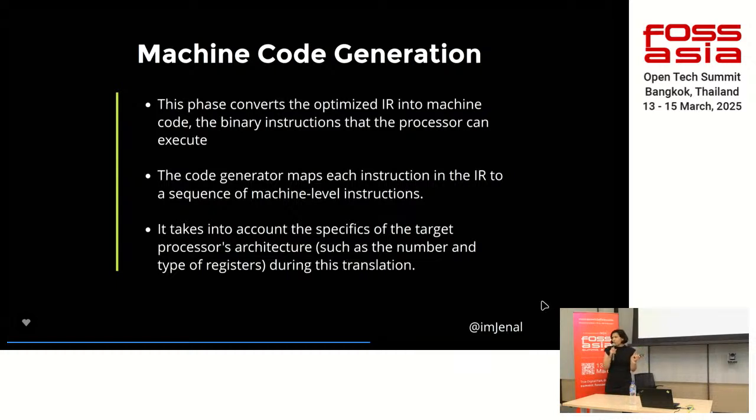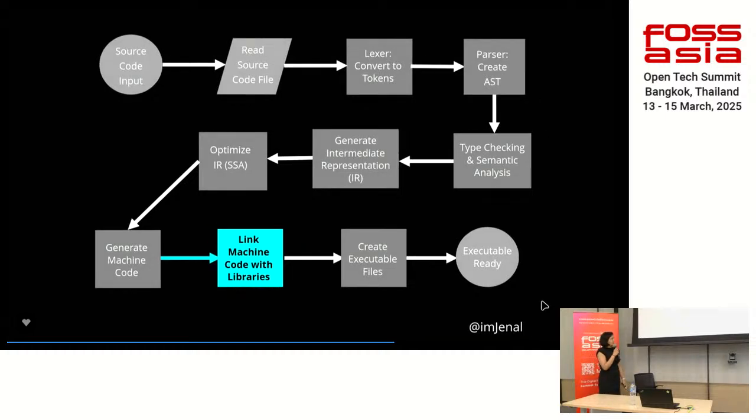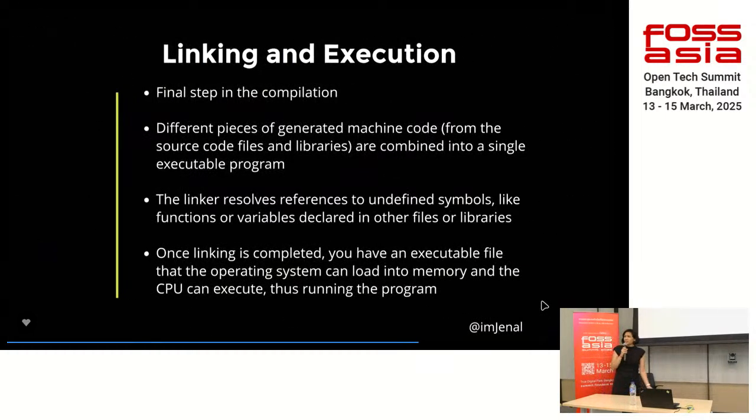This ensures that your code runs specifically on your target machine architecture, considering things like types and numbers of registers. Next is linking the machine code with the libraries. This is the final step in the compilation phase. Linking resolves the references to different variables present in different files or libraries.